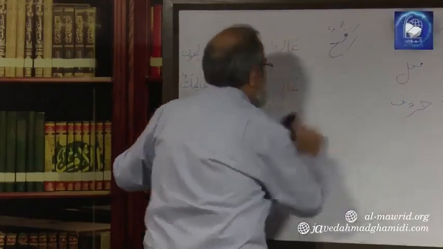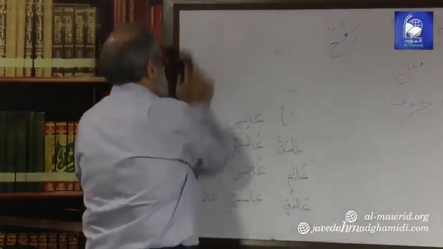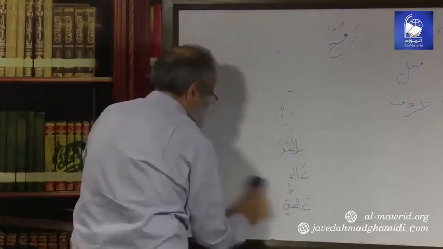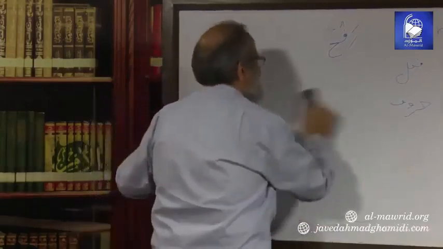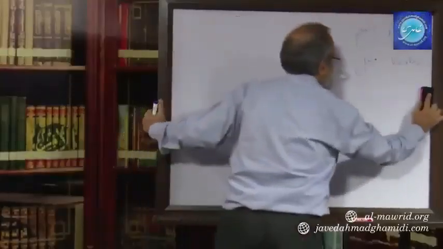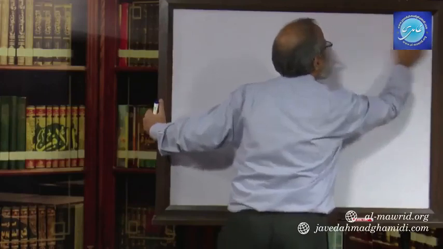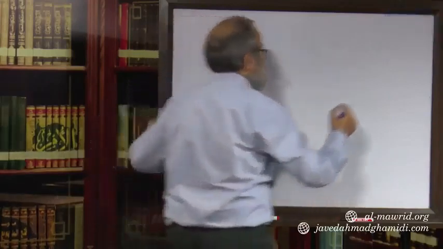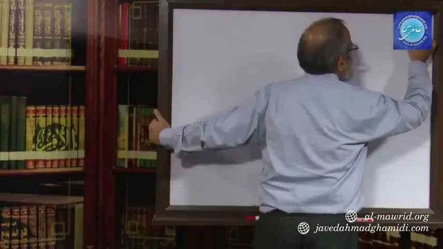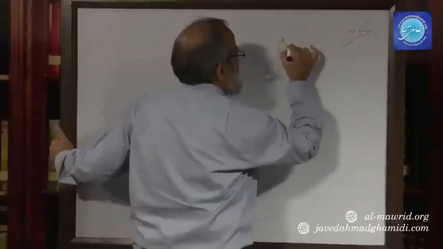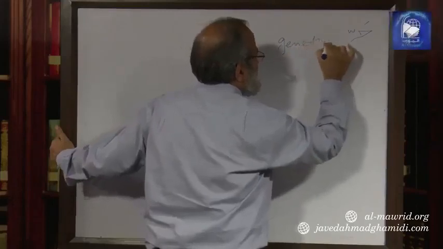The nouns are used in the form of Jar, the I'rab form of Jar. Why does it happen? What are the reasons? As I said, the reasons in the case of Jar are very few. In actual fact, there are only 2 reasons that a noun appears in the I'rab of Jar, which is the genitive form.